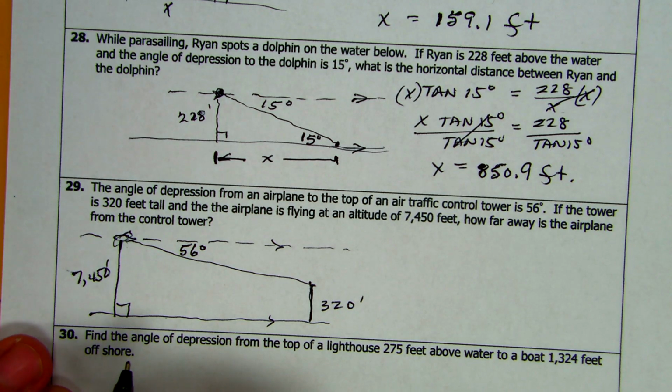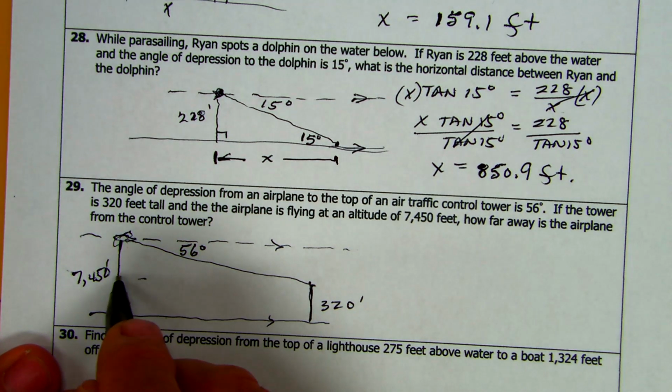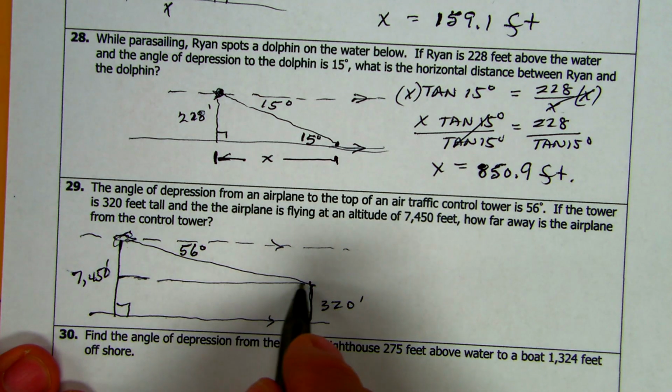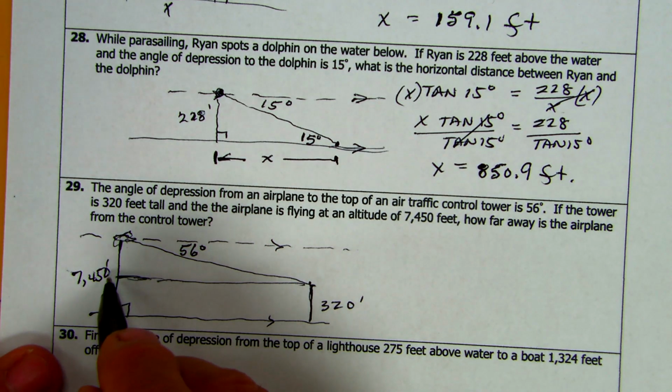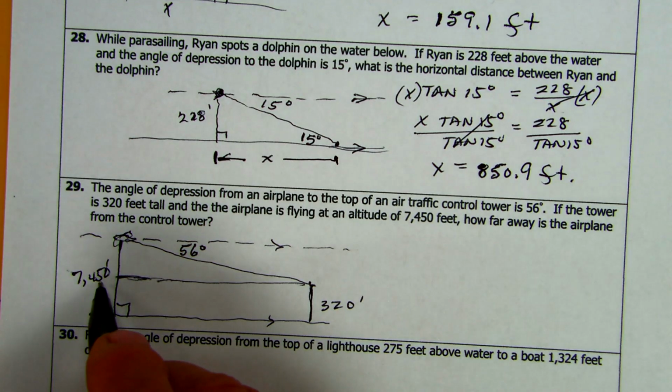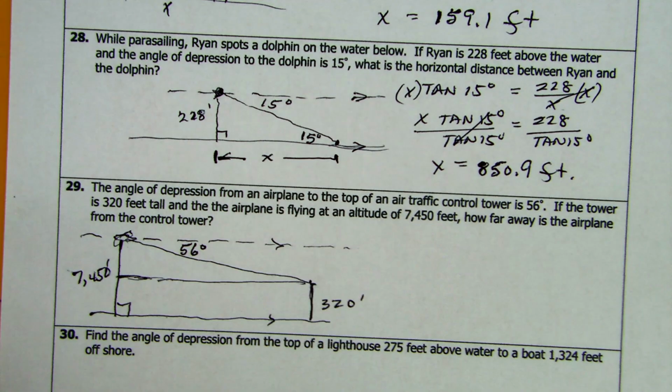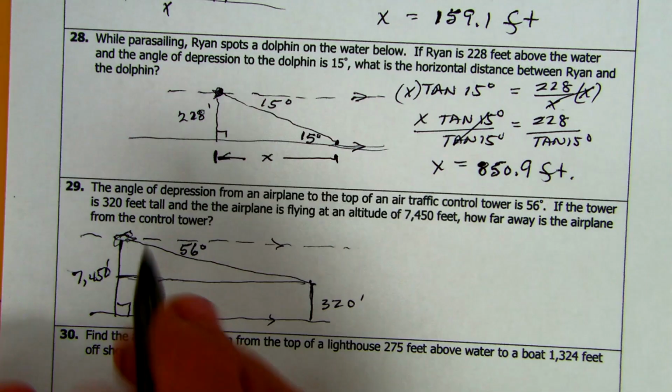Okay, so the first thing we have to do is make a right triangle here. So we have to know, what is this distance? So this distance is going to be 7,450 minus 320. And I get 7,130 feet.